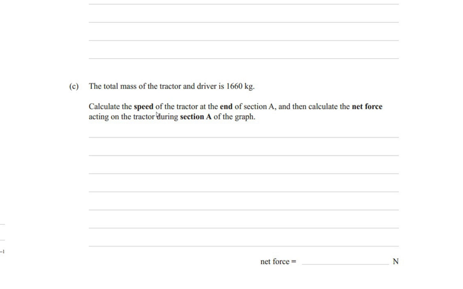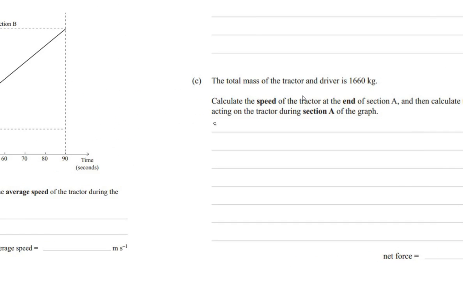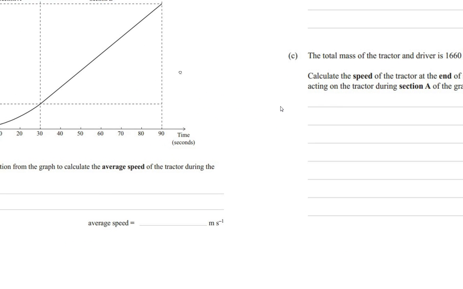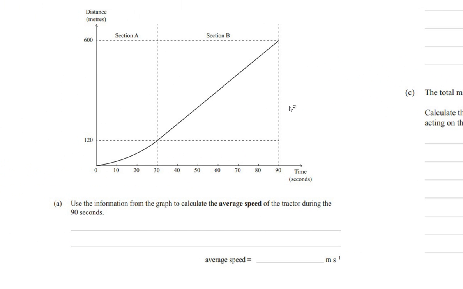Alright, so let's calculate the speed of the tractor at the end of section A. During section A it's speeding up, speeding up, speeding up, and at the end of section A it has now reached a constant speed which it continues at during section B. So it would be impossible on our graph to determine the speed just from a point.